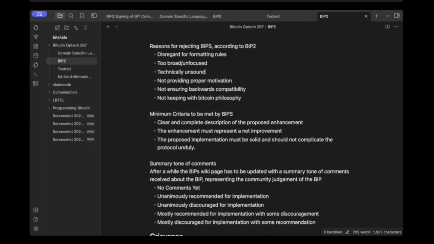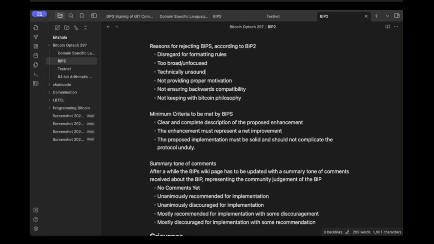He's of the opinion that an editor's role is not to judge the BIP, but to make the BIP into a more formal or presentable thing, so that others can read it and form their opinions in a structured, useful manner. So that's what his contention is.